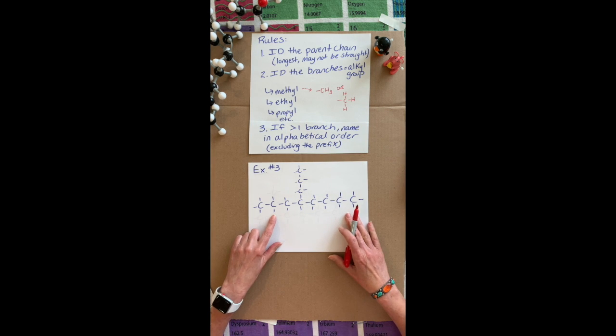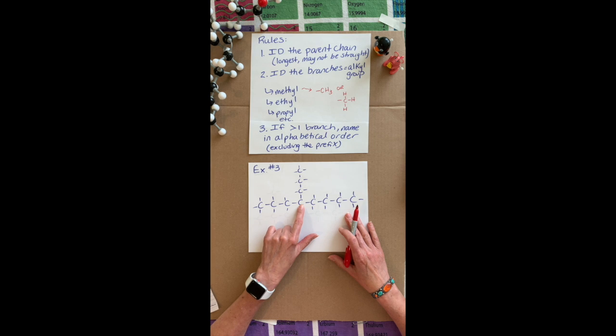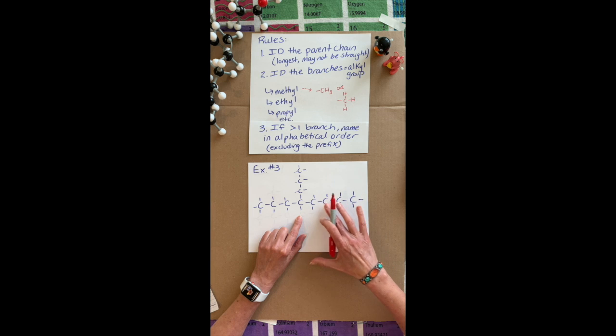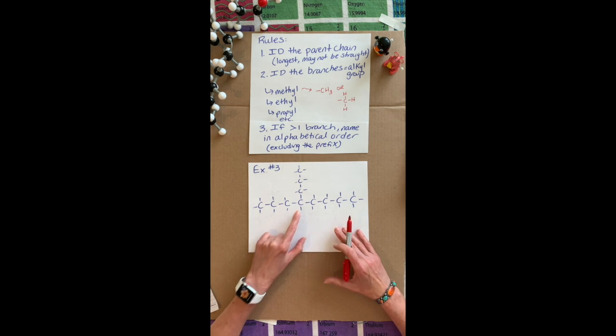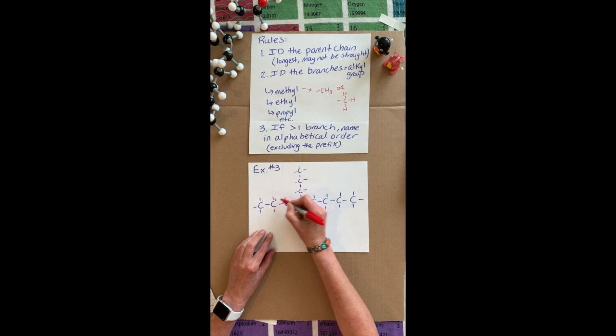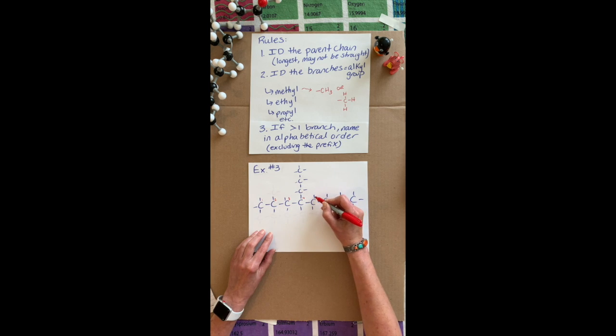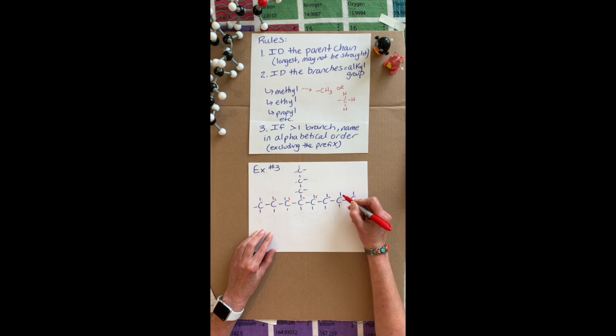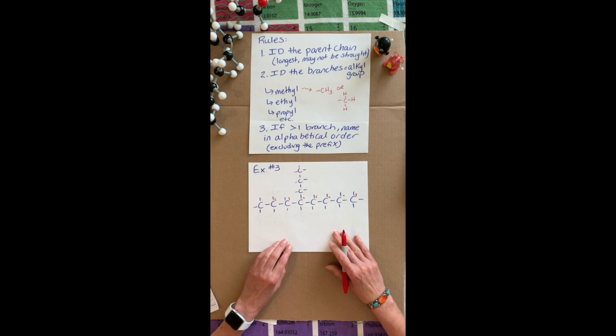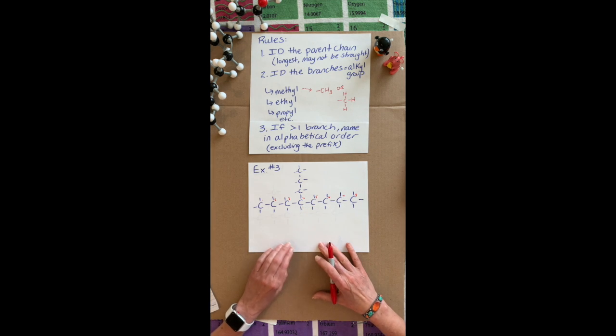Now we want to make sure we're numbering it correctly. 1, 2, 3, 4. That's the 4th carbon. If I number going in that direction, 1, 2, 3, 4, 5. That's the 5th carbon. So I'm going to number my parent chain as such. So I know the location of the propyl group is at the 4 position.